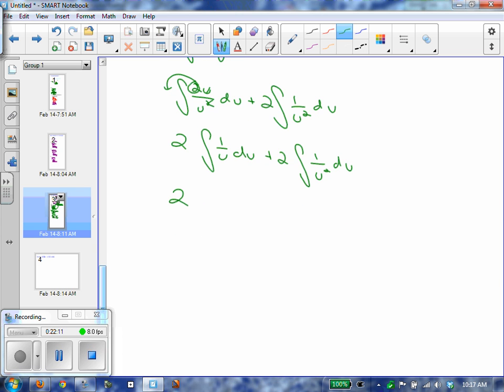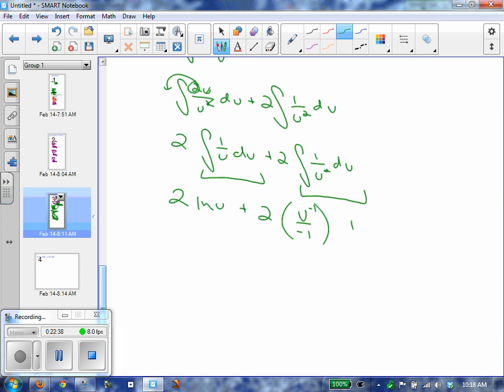I'm going to get 2 times what is this, that's that one, plus what is this. No, because it's negative. Oh, negative. u to the negative 1 first. u over negative 1, negative 1. There you go.